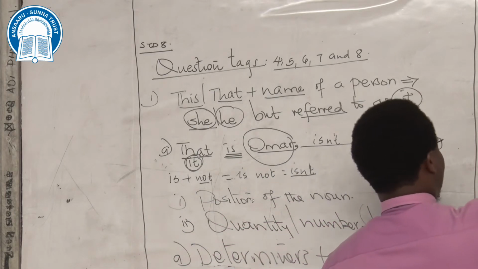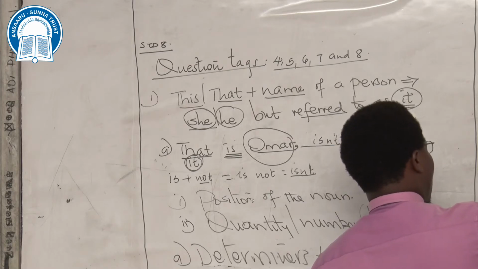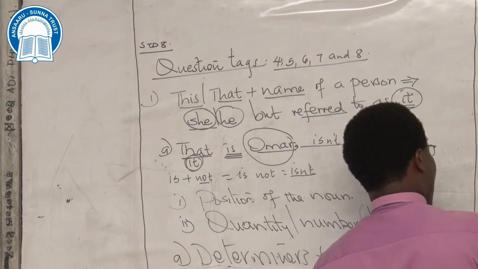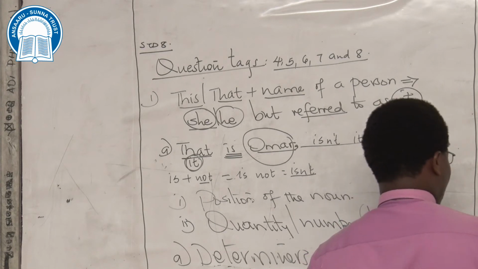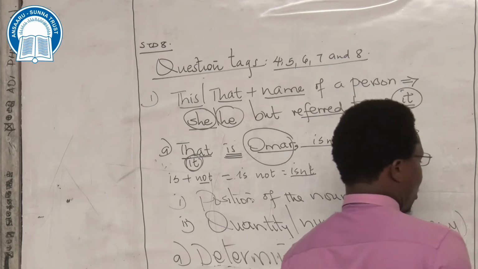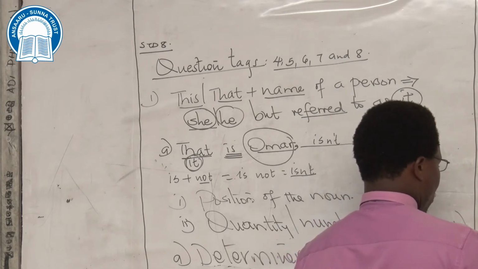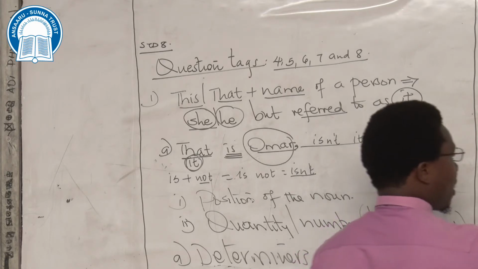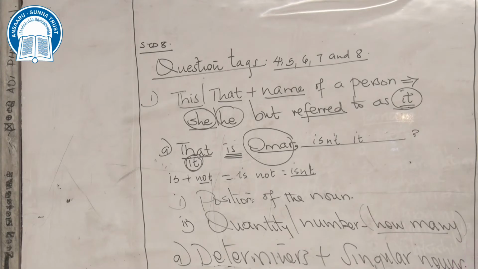The determiners we have are a, an, then we have some, we have any, then we have much, and we have more, we have many, we have little, a little, the little, several, few, a few, the few, among others.